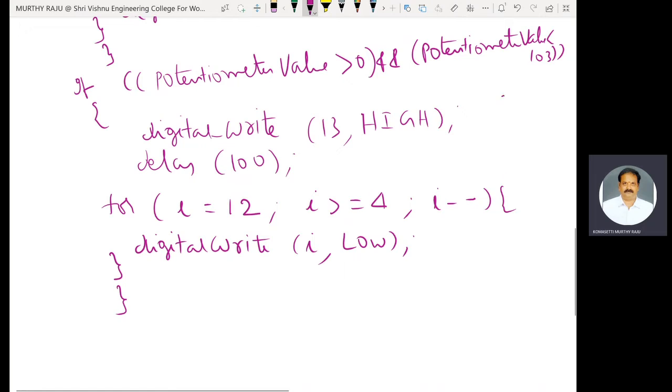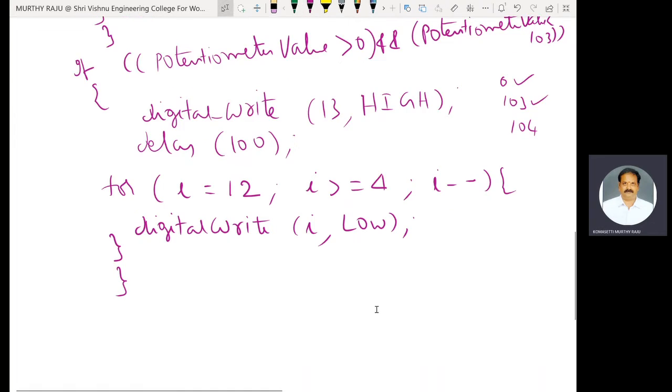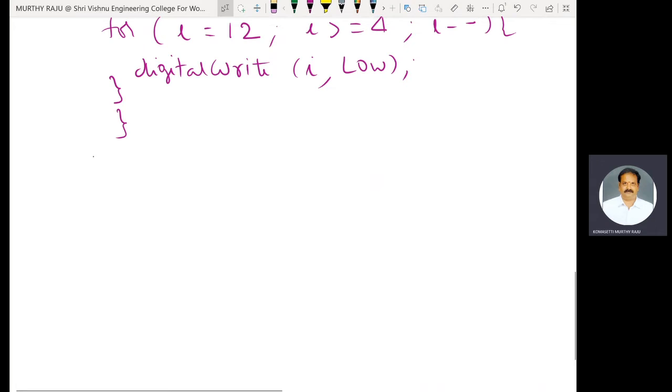Next, potentiometer value 0 up to 103 is completed. From 104 to 206. Here the potentiometer value is from 104 to 206.